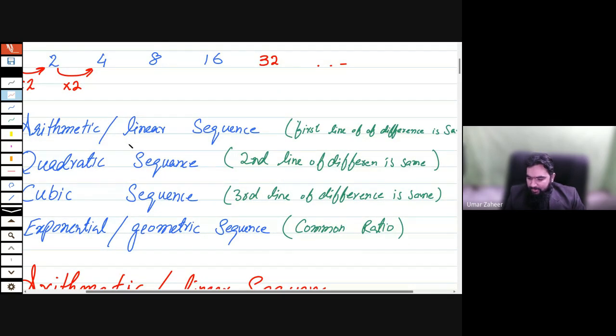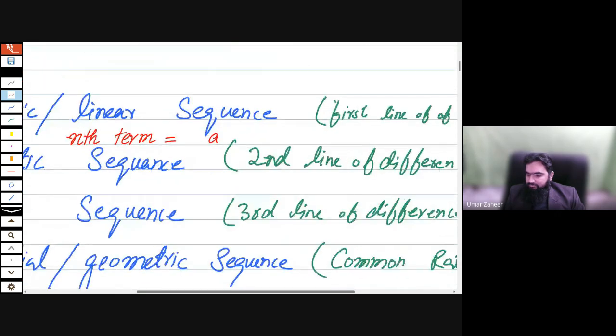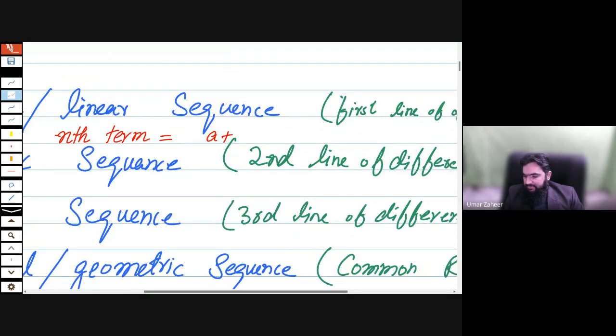If we talk about the nth term of the arithmetic sequence, that will be a plus n minus 1 into d.